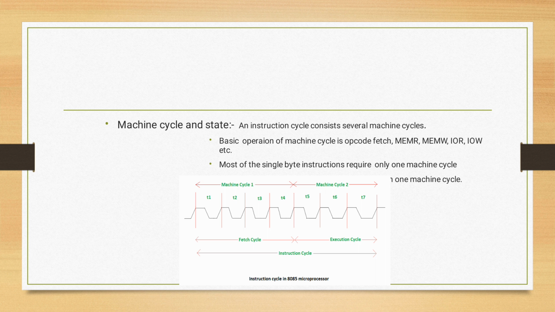The opcode of an instruction is fetched in the first machine cycle of an instruction cycle. Most single byte instructions, for example MOV instructions and ADD instructions, require only one machine cycle to fetch the opcode and execute the instruction. But 2 byte or 3 byte instructions require more than one machine cycle, for example ADD address, STA address.